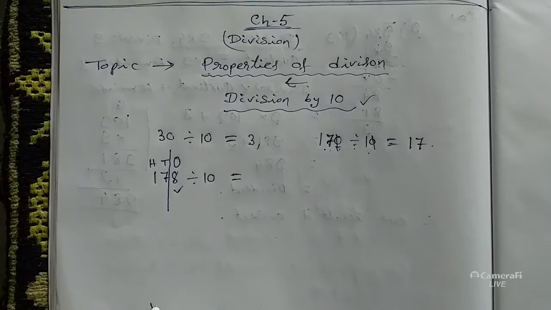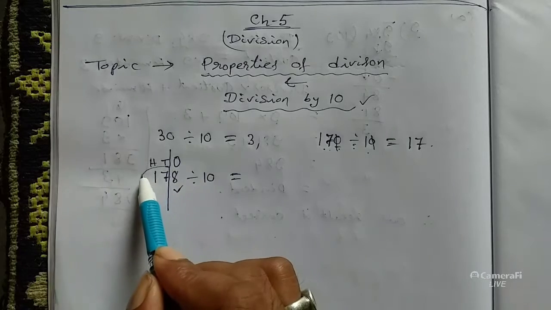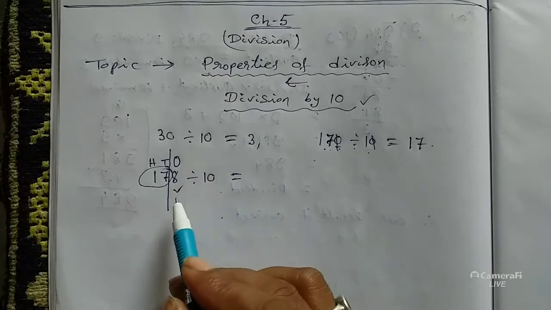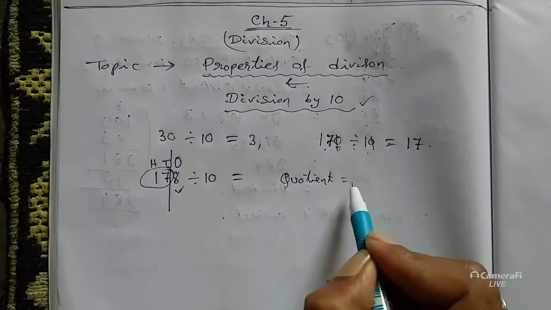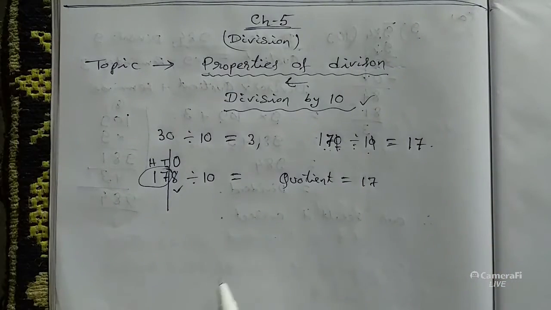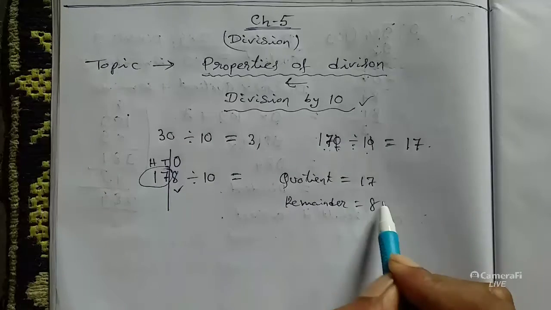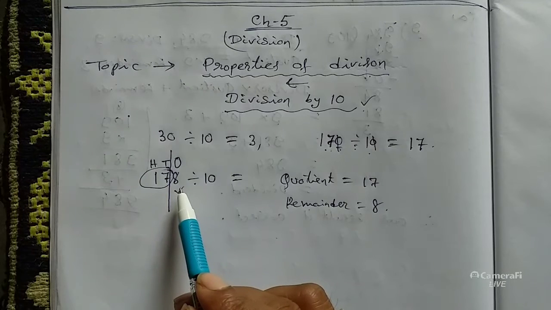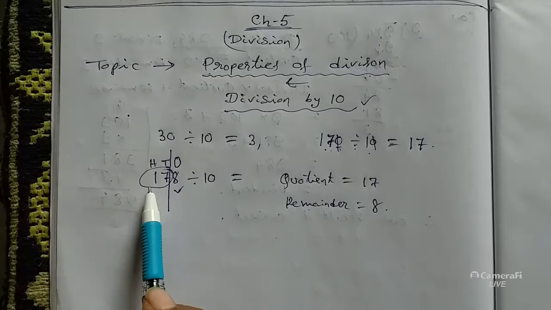This 8 will be the remainder, and the other number which we get from the other places, that is 17, becomes the quotient. So after dividing this, the quotient equals 17 and the remainder is 8. Only the ones place digit will be the remainder, and the remaining digits which form the number will be the quotient.